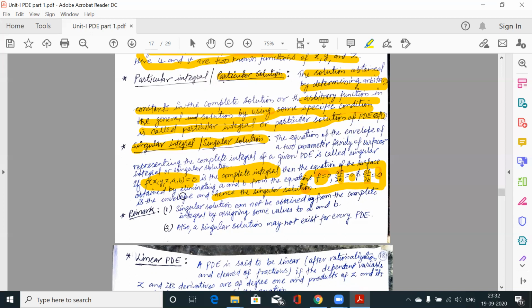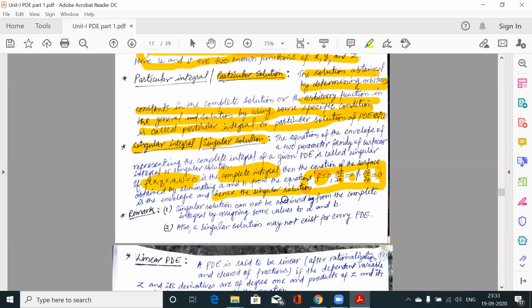Then differentiate it with respect to a, equal to 0, one equation. Differentiate the complete solution with respect to b, equal to 0, second equation, along with the given complete solution. Now we have to find one equation which is free from a and b out of these three equations. If this exists, then it is known as the singular solution. So the singular solution is the envelope of a family of surfaces.